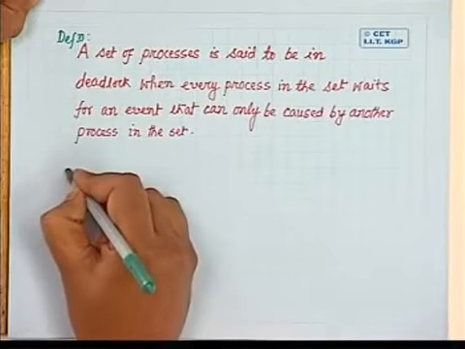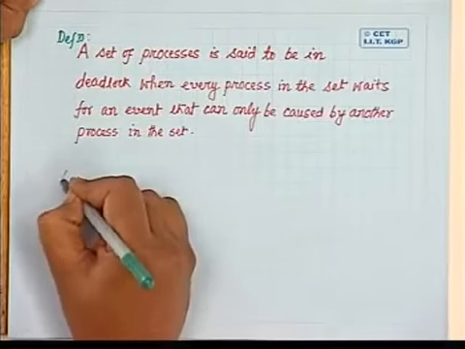If we can ensure that such conditions will never occur, then we can ensure that the deadlock will never occur. So you have to know the conditions for the occurrence of a deadlock. There are 4 necessary conditions for the occurrence of deadlock.